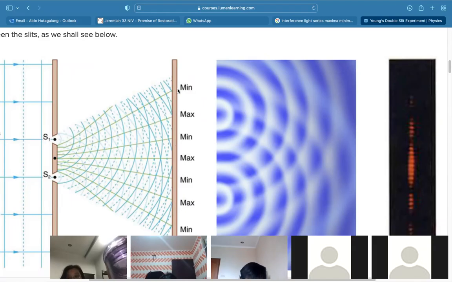In terms of sound, what is the meaning of minimum? When the microphone moves to this location, it doesn't detect sound at all. Minimum means there's no sound at all. Maximum means the sound is getting bigger than usual. Here, the microphone clearly hears the sound.